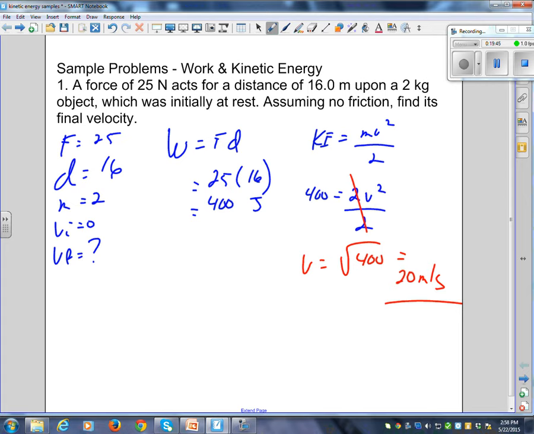Is that a nice, easy, simple way to do it? So you can figure out from the work done how fast it's going. This is kind of what we were doing yesterday, where we took the initial speed and sort of worked the other way.